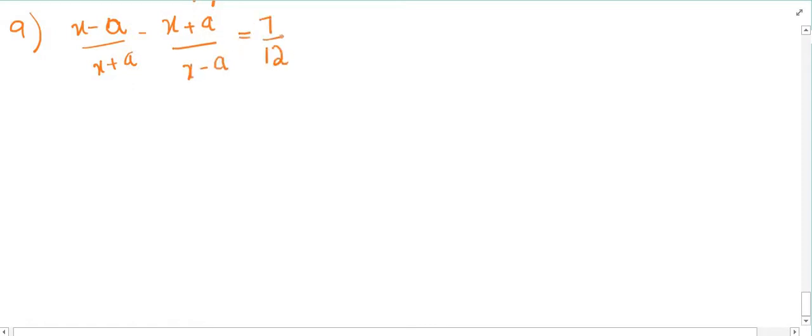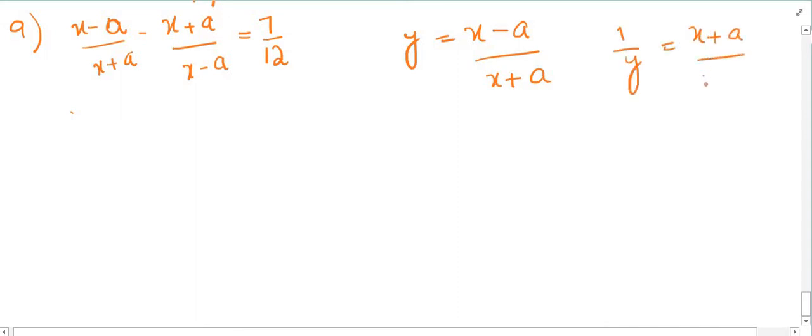This is same as the previous one, just substitute. You can take substitution y equals x minus a by x plus a. What is 1 by y? x plus a by x minus a. After substitution you will get y minus 1 by y equals 7 by 12.